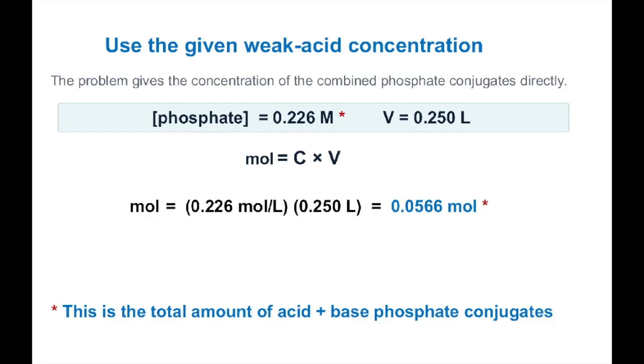So we can determine the number of moles of phosphate that we have in there. Just moles equals concentration times volume. And so our total number of moles of phosphate in this buffer system is going to be 0.0566 moles. And again, remember, that's the amount of both conjugates present in our buffer.